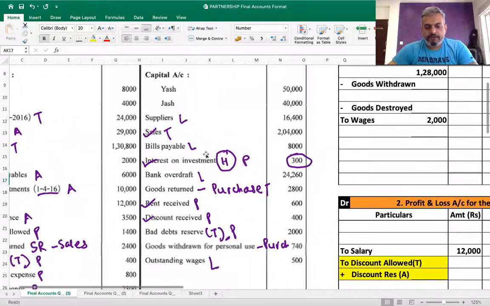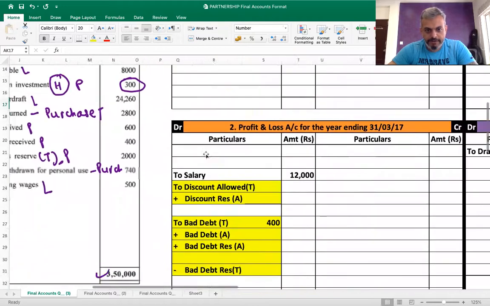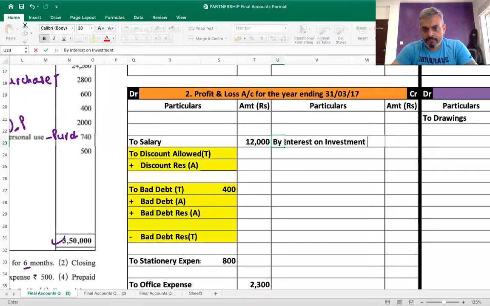Then interest on investment, profit and loss account, inner column, credit side 300. Leave first two lines blank. By interest on investment, inner column 300.